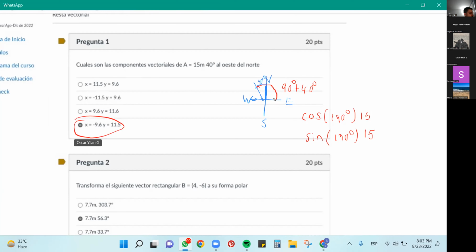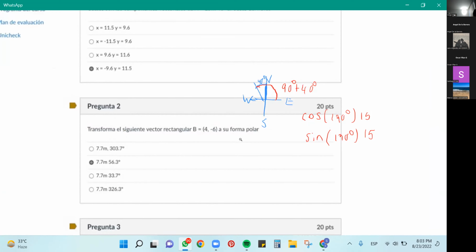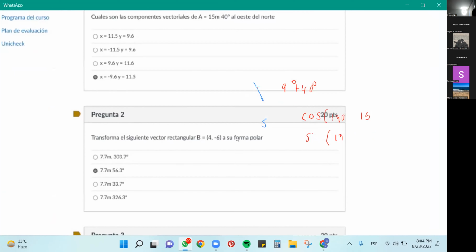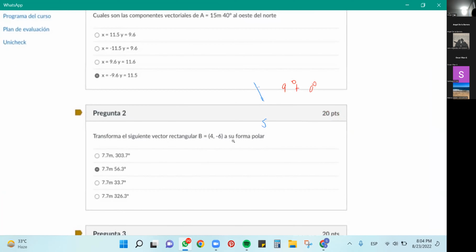I also have a question about the second one. To get the second one, is it using Pythagoras? Yes.